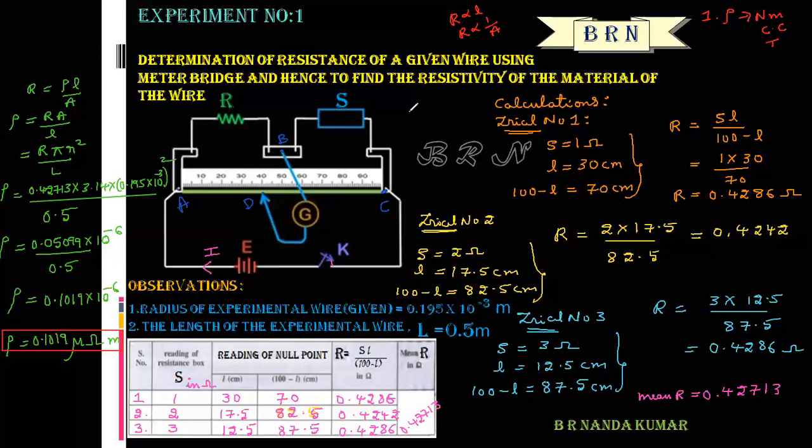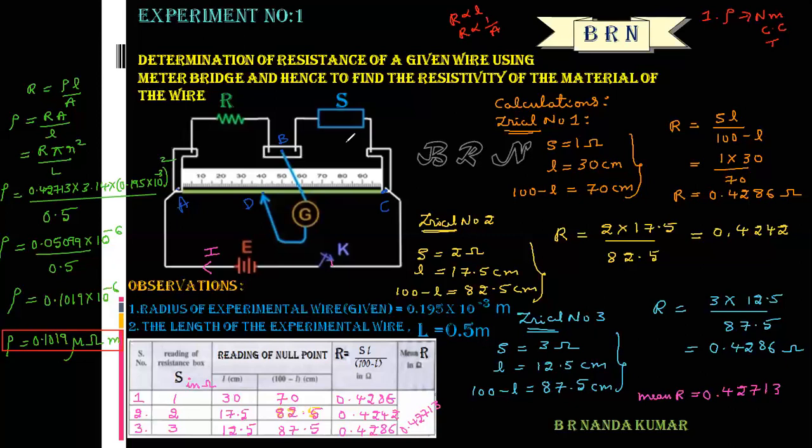The next question: what is the principle behind the working of a meter bridge? The meter bridge works on the principle of Wheatstone's bridge, the Wheatstone network. What is the meaning of Wheatstone's network?